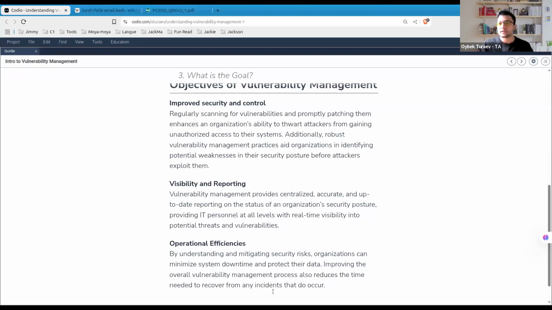It's possible, it's a reality. What the attackers do is try their best to take advantage of this vulnerability early. They attack exactly the same vulnerability in their targeted organizations. That's why, to avoid this sort of situation, we have vulnerability management, and it provides us improved security and control.